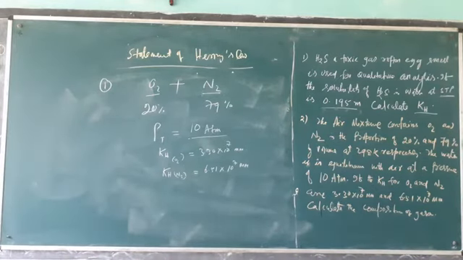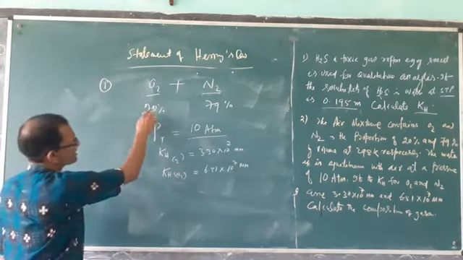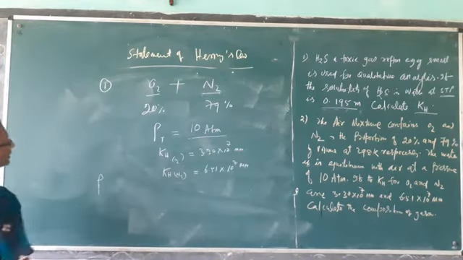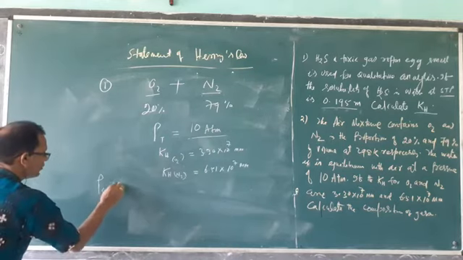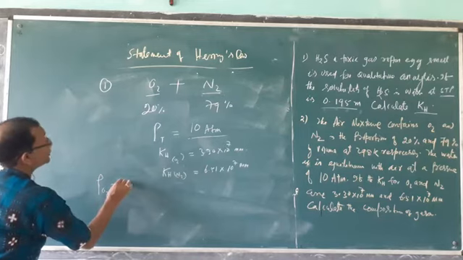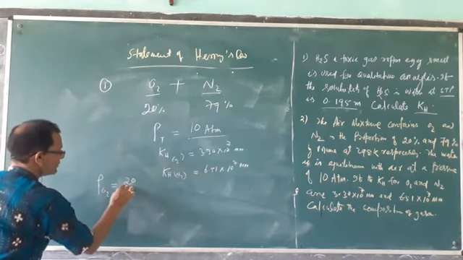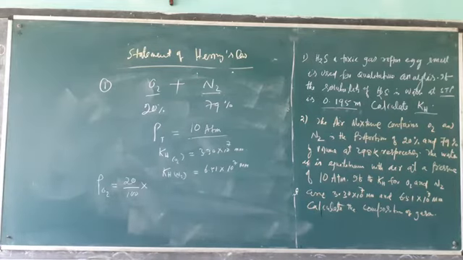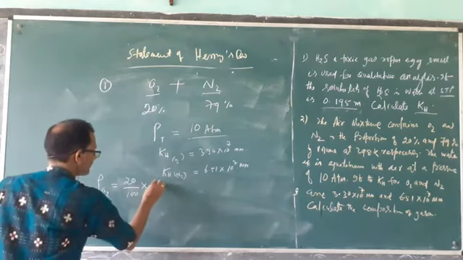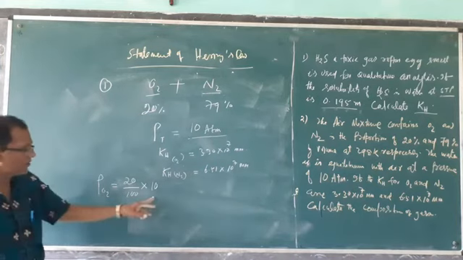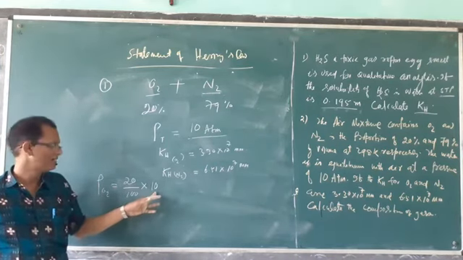Just you see, 20% oxygen. So what is the partial pressure of oxygen? We know partial pressure of oxygen is equal to 20 by 100 into the total pressure, 10. This is the percentage and this is the total pressure.